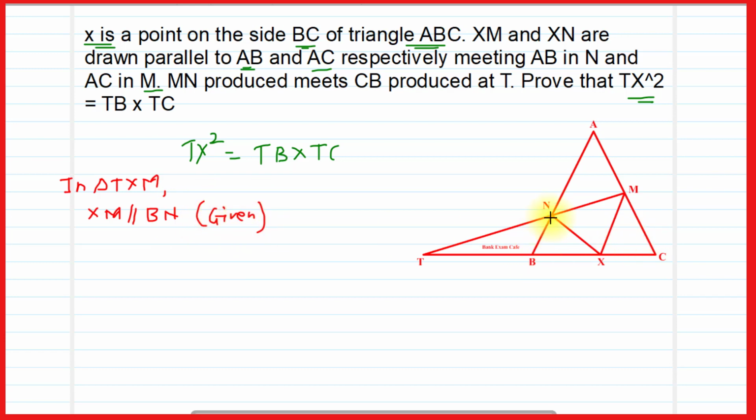Because XM is parallel to AB, it means it is parallel to BN also. So these two are parallel, and therefore by the basic proportionality theorem we can write that TB upon TX is equal to TN upon TM. Let this be number 1.